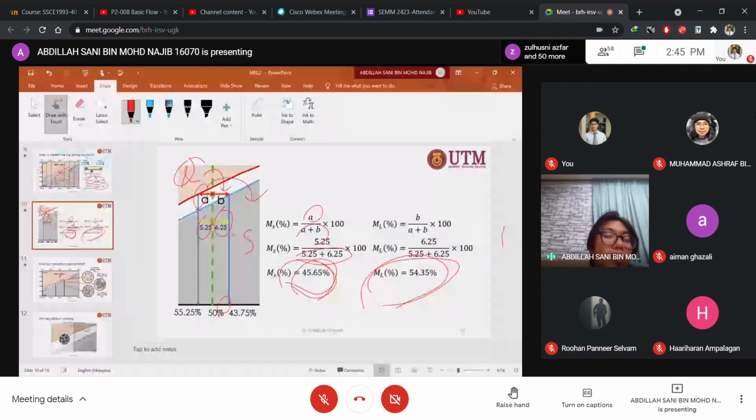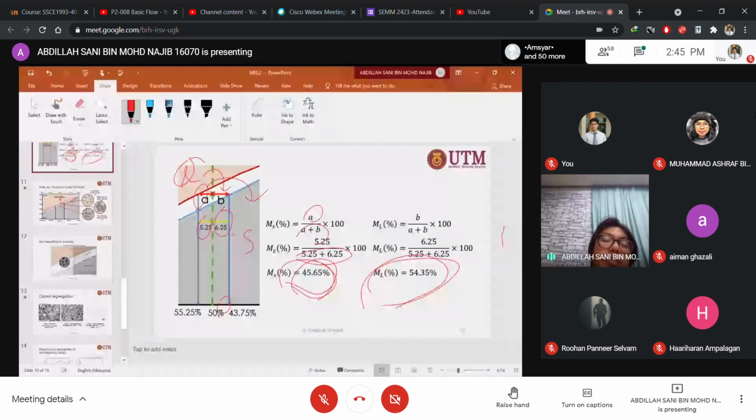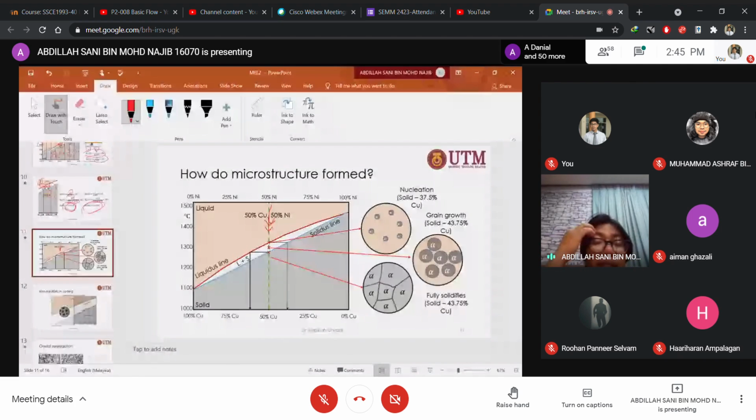Okay, now we want to have a look at the microstructure. So you see, using the tie line, for example, we have this material.